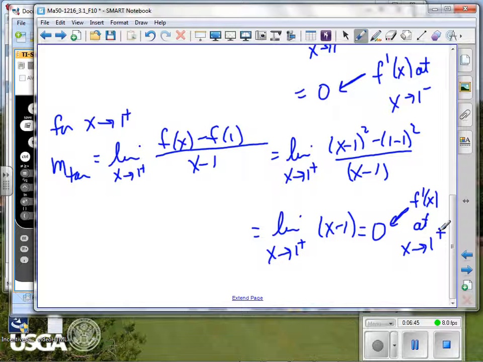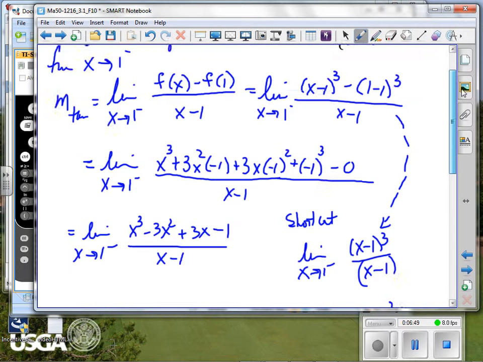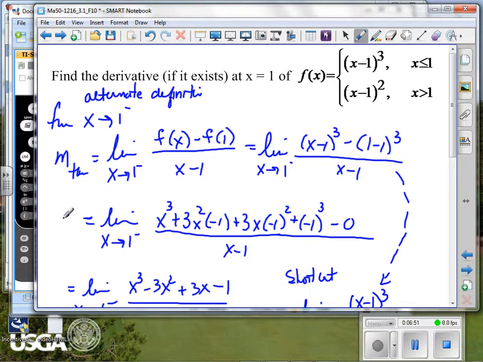Okay, so now, let's go back and see. It says, if it exists. What on earth are we looking at? Are we looking at the shortcut on the top? Absolutely. Does the derivative exist? We know it's continuous there, but does the derivative exist? It does if approaching from one direction, the limit, the slopes of tangents, is the same as approaching from the other direction.